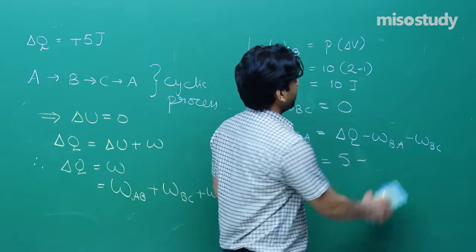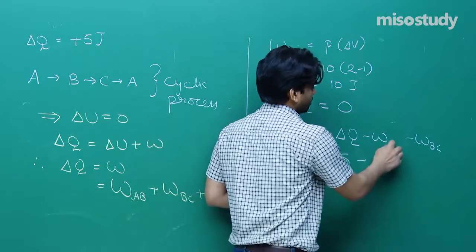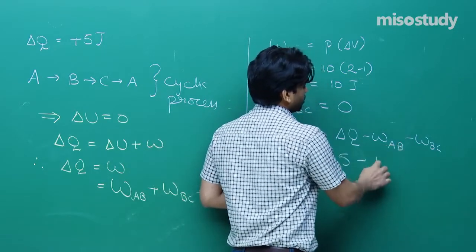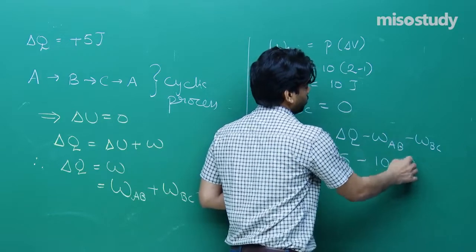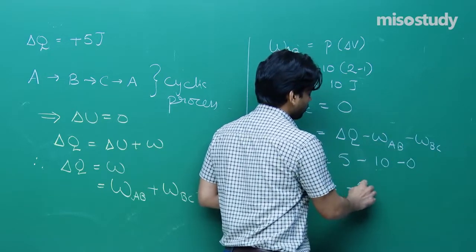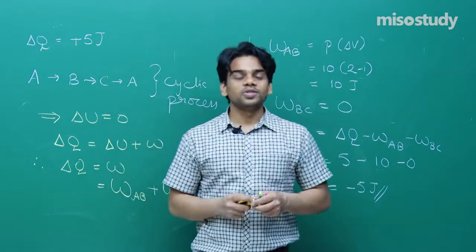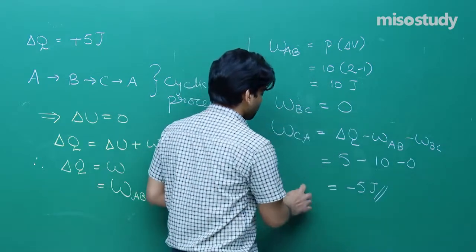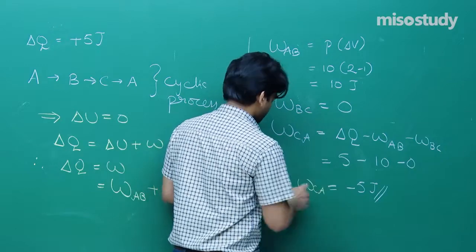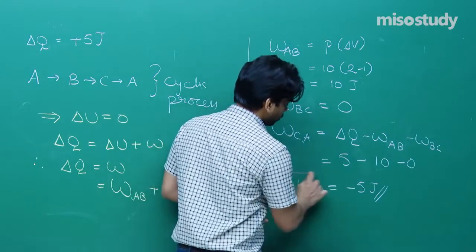This is not BA, this is AB. So this is 10 and this is 0, this will come out to be minus 5 joules. That is, work done from C to A is minus 5 joules.